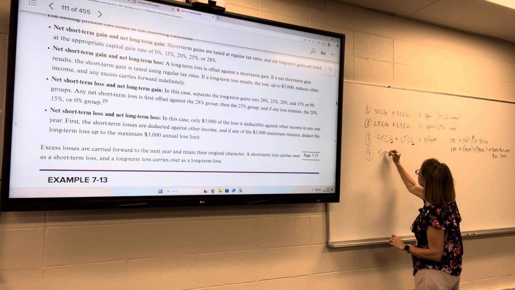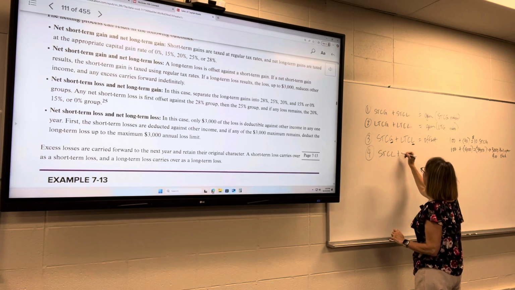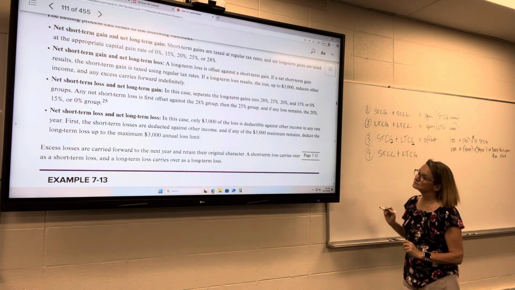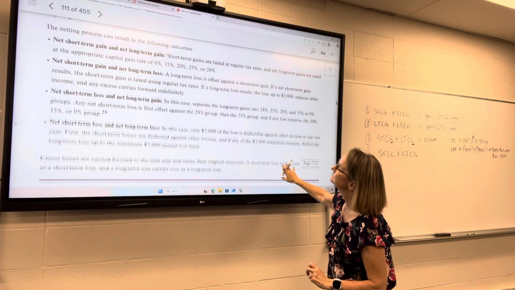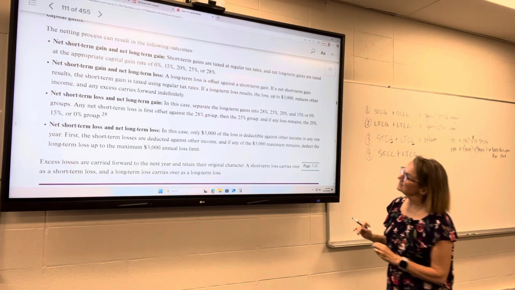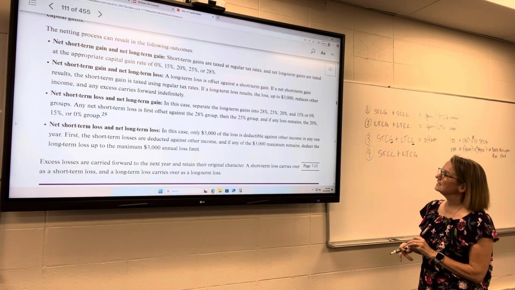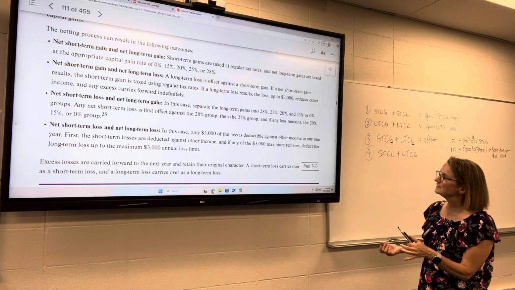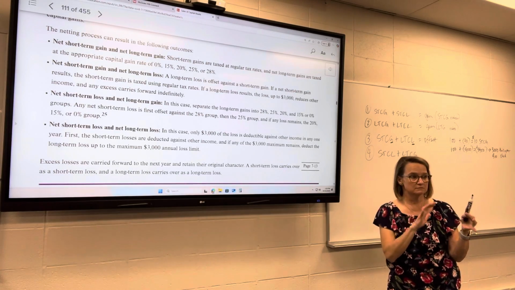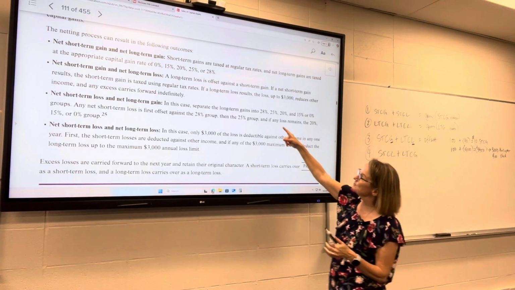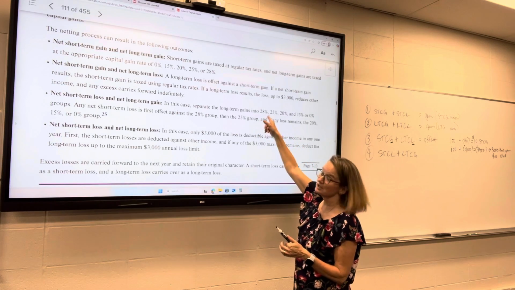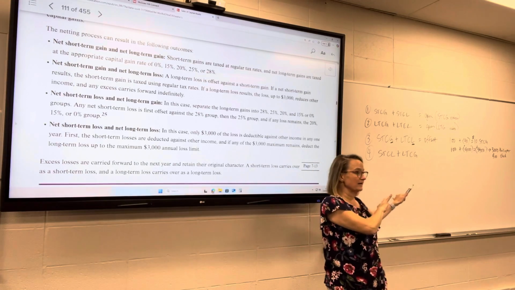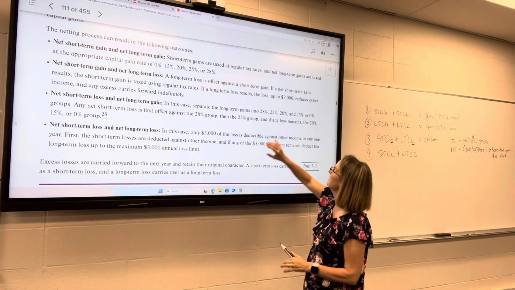If we have a net short-term loss, so here we had a gain, here we had a loss, if we have a short-term capital loss and a long-term capital gain, we're going to separate the long-term gains into their different classifications. If it's a collectibles gain, it's going to be taxed at 28%.